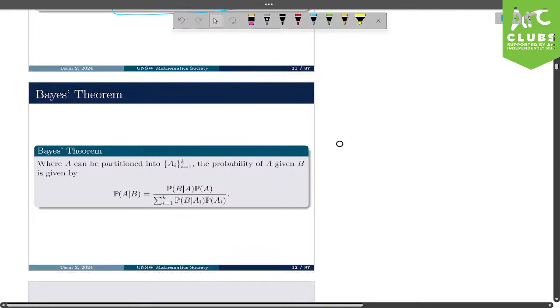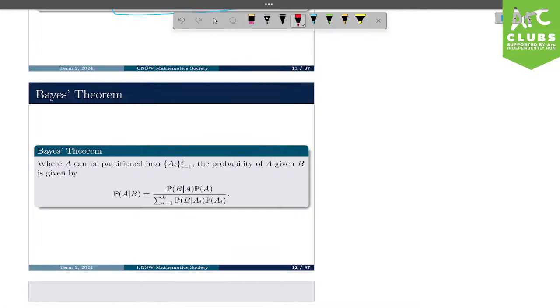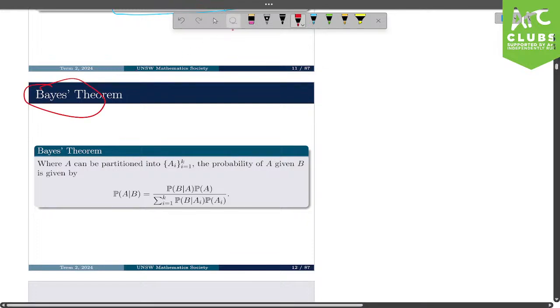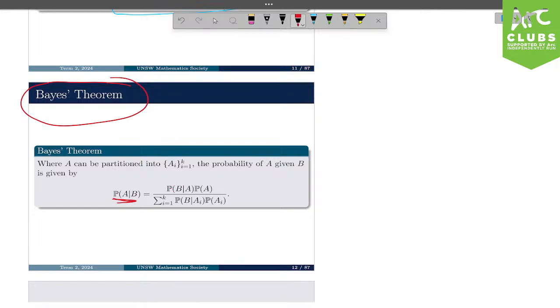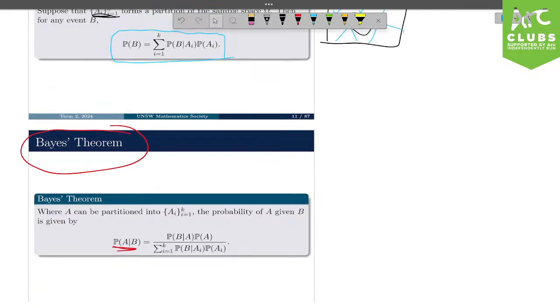So, let's say that A can be partitioned, then we get this thing called Bayes' theorem. The purpose of Bayes' theorem is to take the probability of A given B and write it in terms of the probability of B given A. We can do this with a couple of the identities we've already discussed.